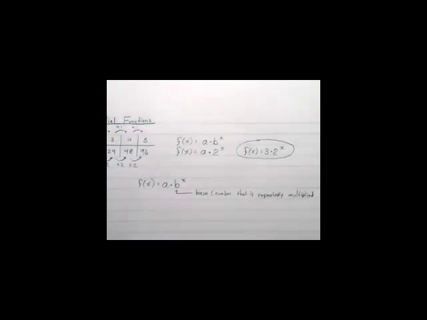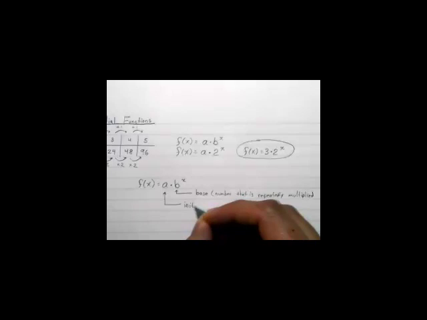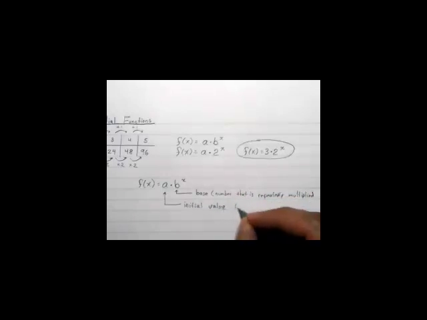And then the a is your initial value, which we need to remember is when x equals 0, not when x equals 1. We're going to look at modeling some situations using exponential equations, and we're going to have to keep these two things straight to help us do it.